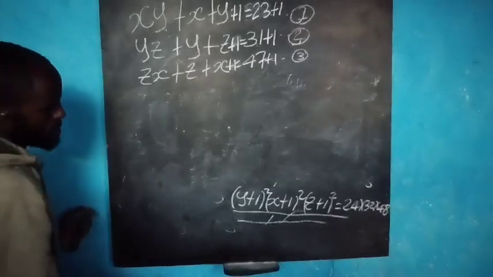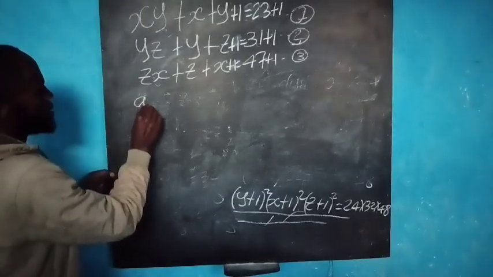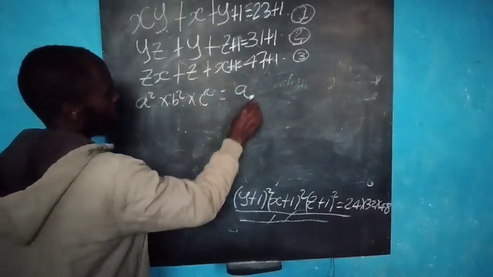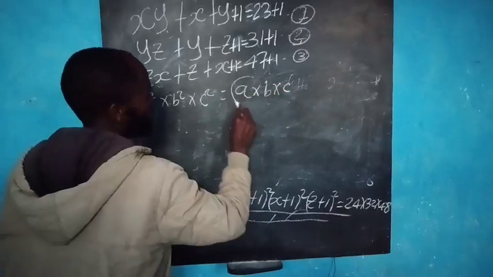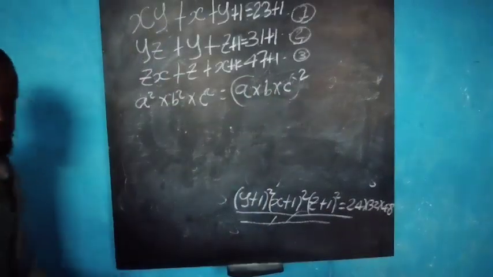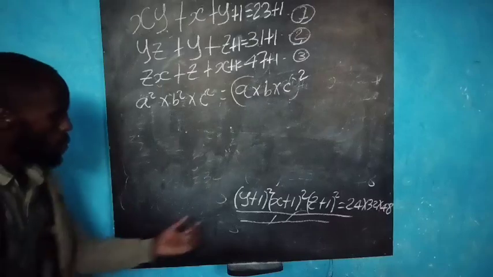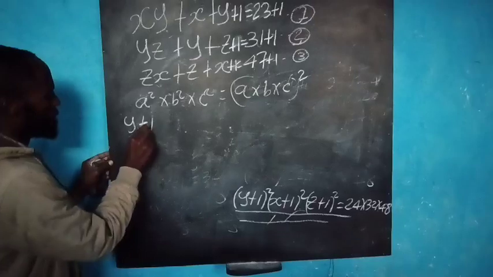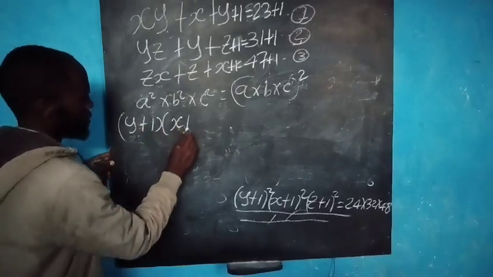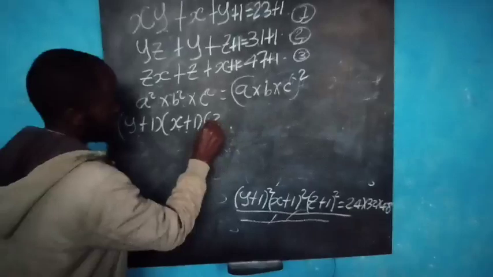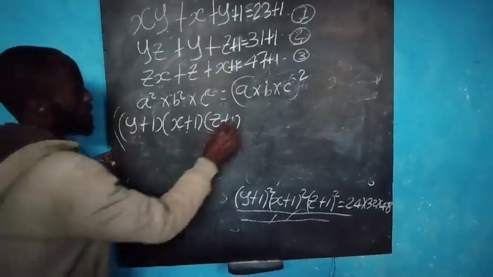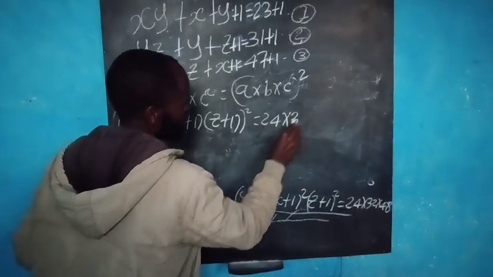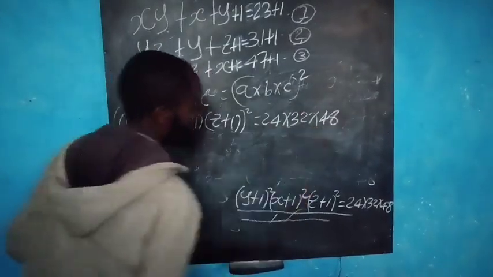Look at it: a squared times b squared times c squared equals a times b times c to the power of 2. So y plus 1 times x plus 1 times z plus 1, the whole squared, equals 24 times 32 times 48.